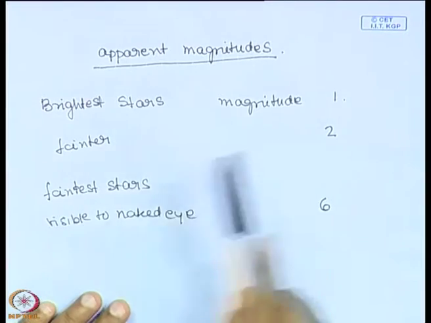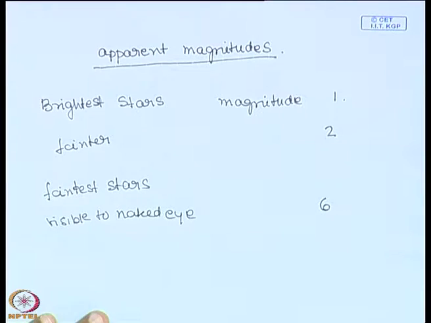So, this was done by the ancient Greeks. They classified the stars and associated these kind of numbers, this kind of a scheme.